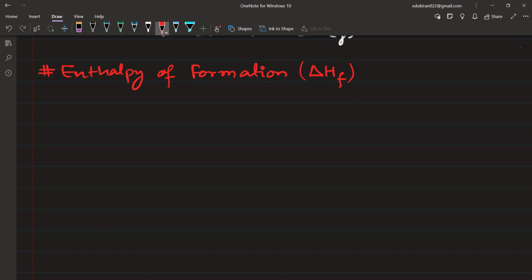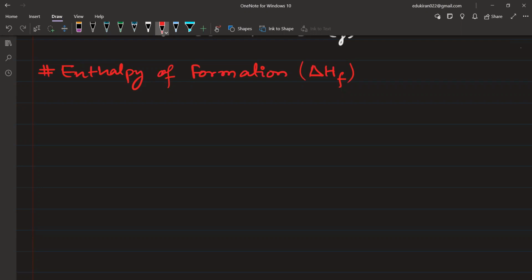If you're talking about enthalpy of formation, they will either tell you about the amount of reactant that you have to take or the amount of product that you have to take. ठीक है, ये सारे फॉर्मूले इंपॉर्टेंट हैं. I am telling you why it is important. Please remember this. Maybe you don't know, maybe it doesn't seem like that, these things are important. Enthalpy of formation or enthalpy of any other thing, they are going to tell you something about the amount of product or the amount of reactant.